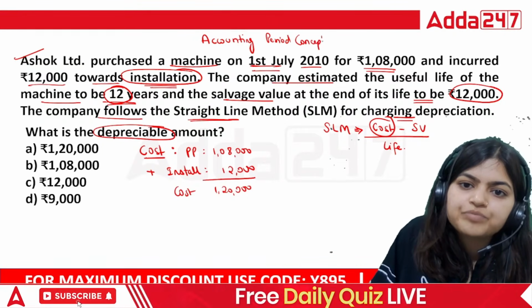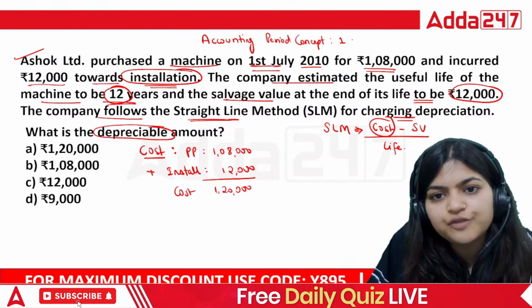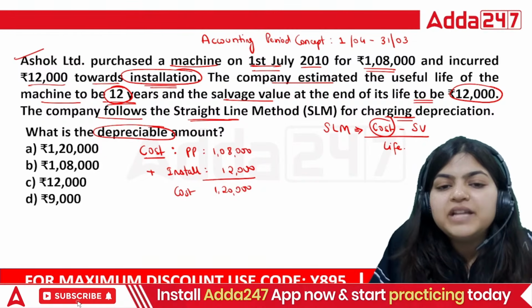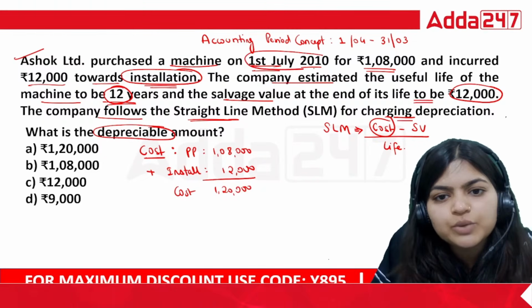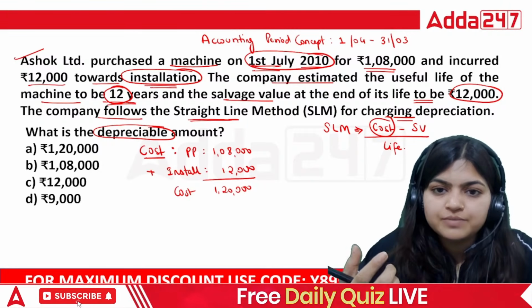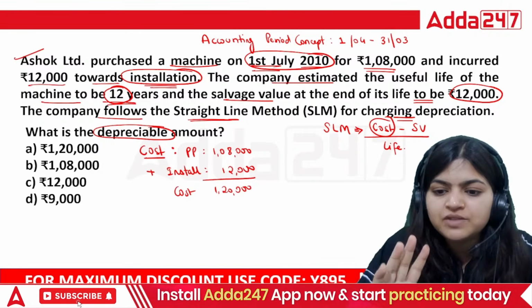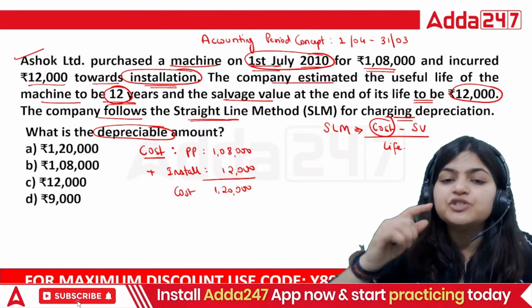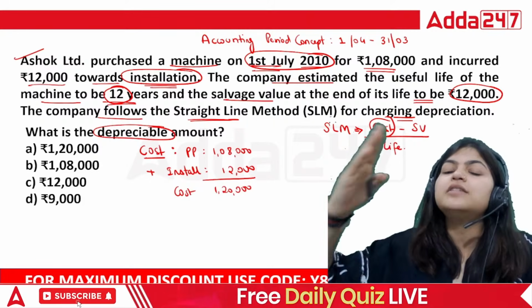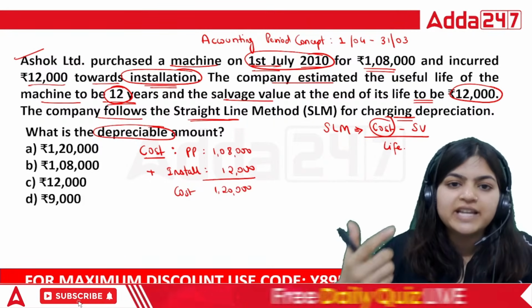Accounting period concept means it starts from 1st April and ends on 31st March. Means you have purchased this machine during the year, so you are not using this machine for 12 months. From April till March, you have 12 months. So you are not going to use this machine for 12 months. You are going to use this machine from July till March. Okay, so this is one adjustment.